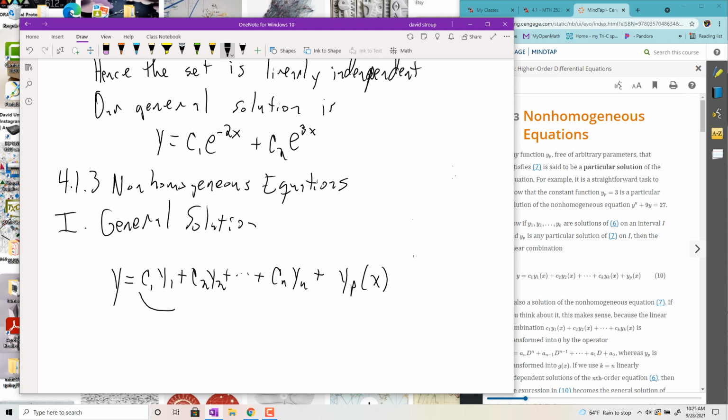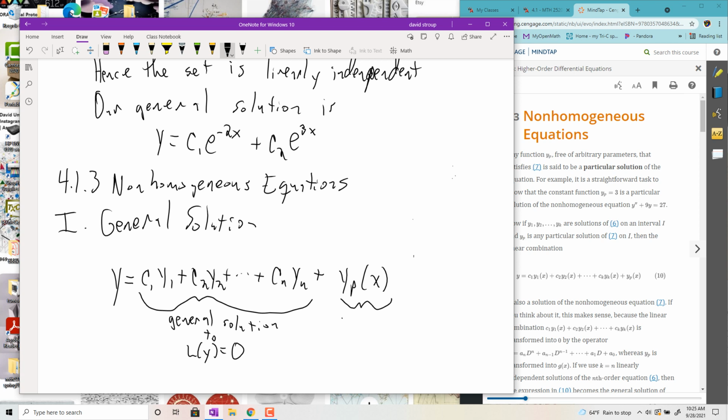Okay, so this thing here is the general solution like we've been finding above. It's the general solution to the homogeneous equation. This thing is just some randomly found solution to the non-homogeneous.